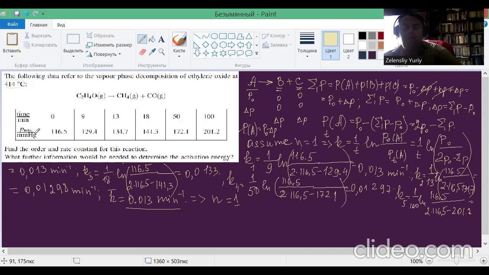Why am I saying preferably close to this one? Because within this temperature range, the temperature doesn't change a lot. And for that reason, the value of activation energy may be considered to be constant. That's it. Thank you.